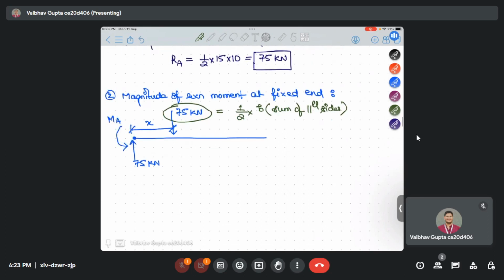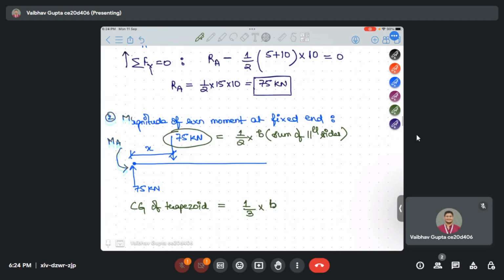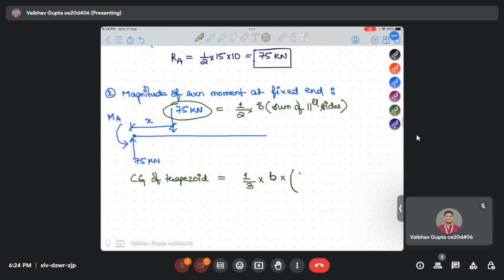So the CG of the trapezoid is one third into length L, which is the base B. Here the base is 10 meter, into twice the opposite side. Since we are calculating from left to right, from the fixed end to the free end, the opposite side is 10 kilonewton per meter plus the near side, upon the total of both sides.